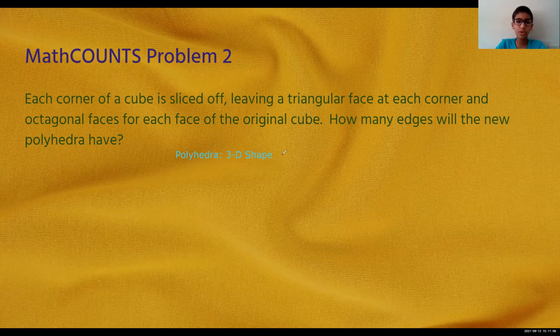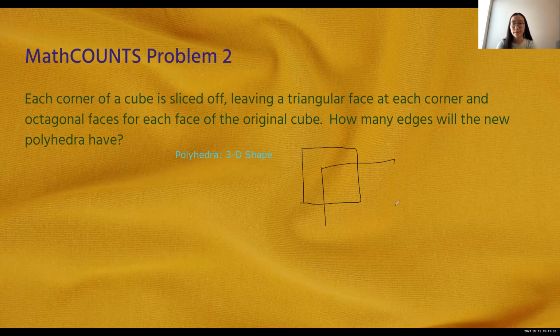I am not quite sure how you get a triangular face if you cut off a corner on a cube. Okay. So basically imagine a cube, right? And you're not just cutting off the vertex, you're cutting off a little bit past the vertex. So if you slice that off, there's a triangle there, if you can imagine.